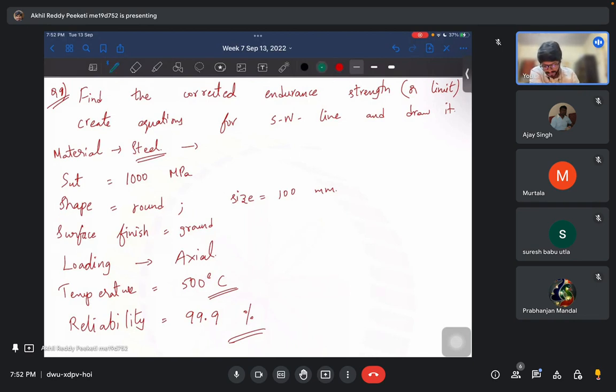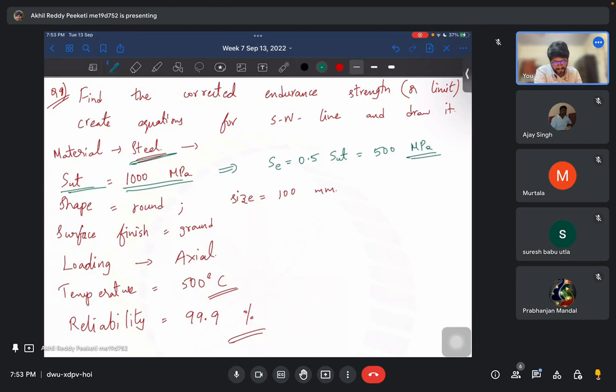So here we are given SUT is equal to 1000 MPa. What would be the uncorrected fatigue endurance limit? It's given steel, so what should be the endurance limit? Okay. So it is 500 MPa.